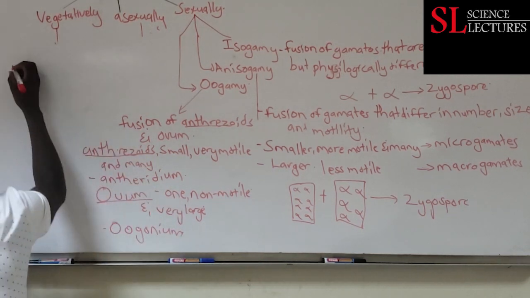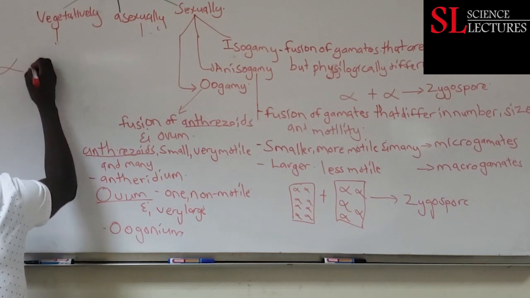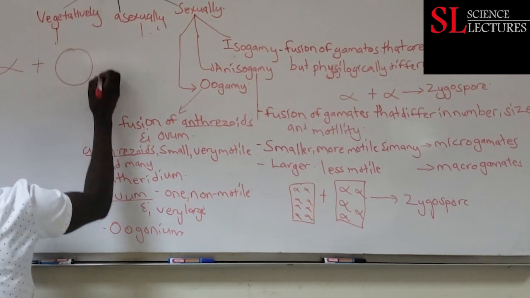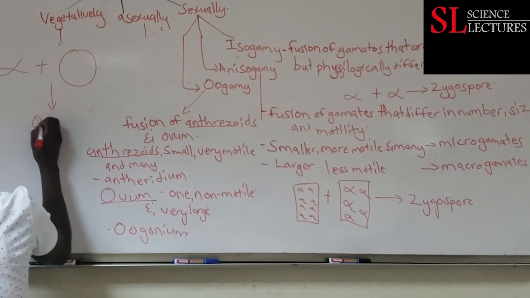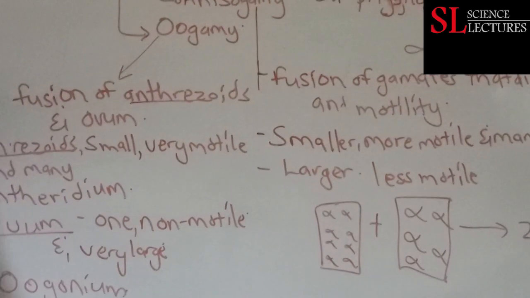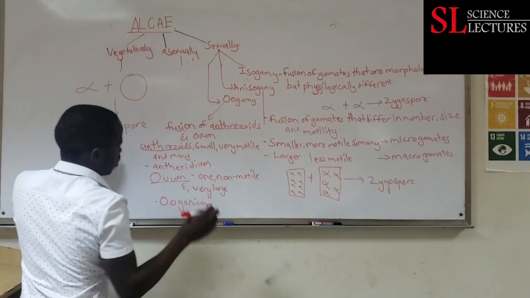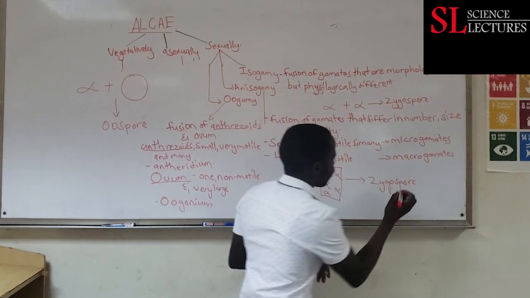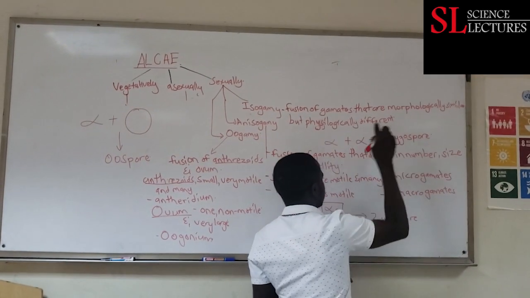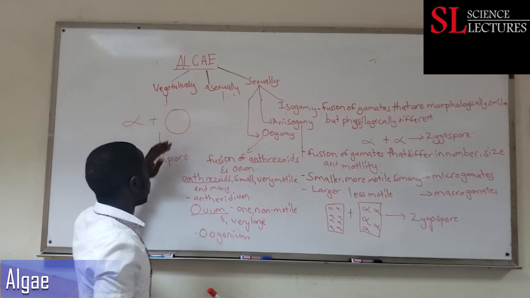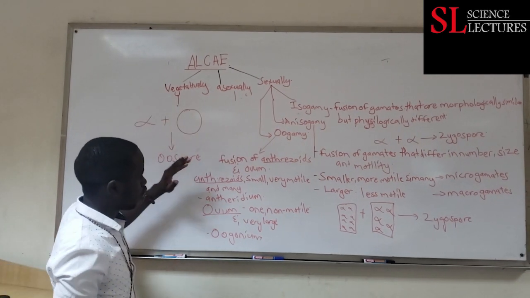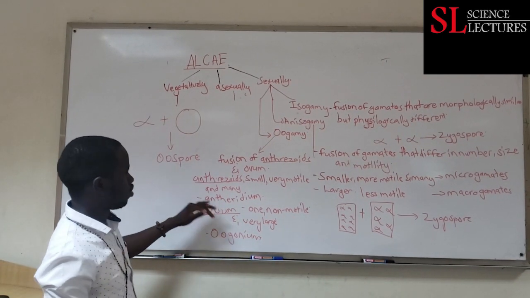So if I have my antherozoid fusing with the ovum, these two will form what we call an oospore. Contrast this with the two that form a zygospore, and this one also forms a zygospore. Here we shall have formation of an oospore directly.